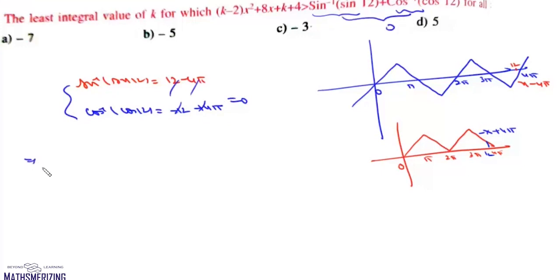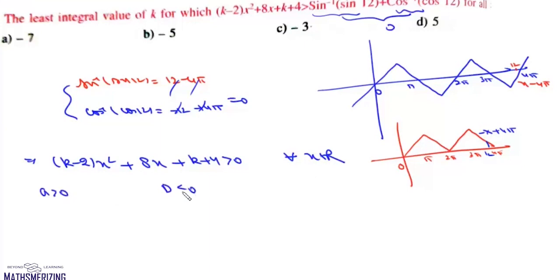So we get our question that we need to find the least integral value of k, for which k minus 2 x square plus 8x plus k plus 4 is greater than 0 for all x belongs to R. Now it is a quadratic expression. A quadratic expression is always positive when a is greater than 0 and d is less than 0.